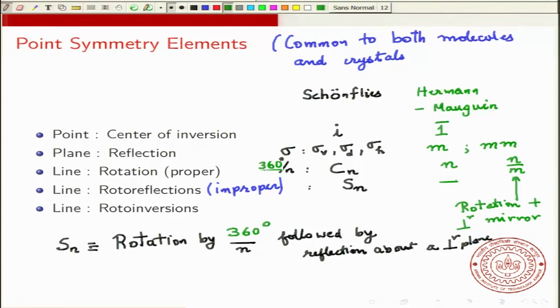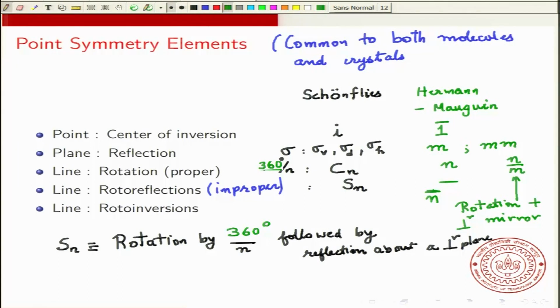There is no symbol for it, but we use roto inversions. This is a rotation followed by an inversion, and this is denoted by n bar. Okay, n with a bar on top refers to a rotation followed by a reflection about a plane that is perpendicular to the rotation axis.